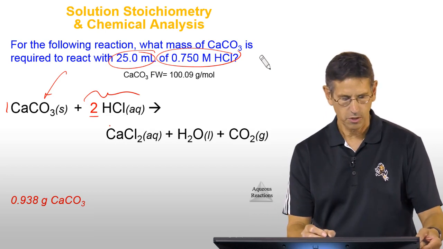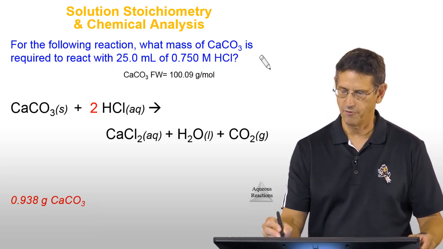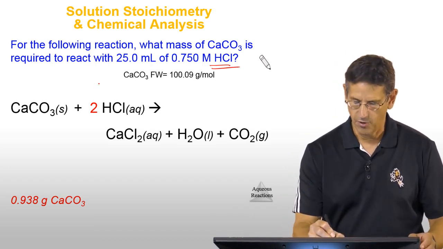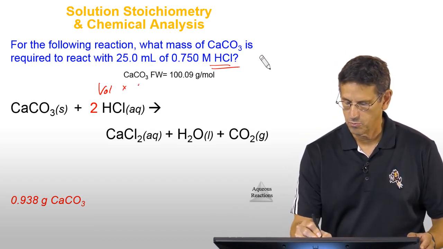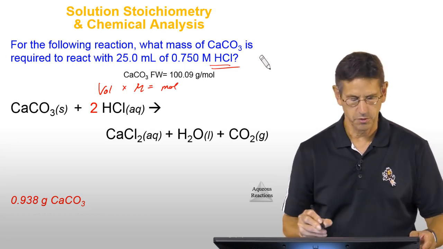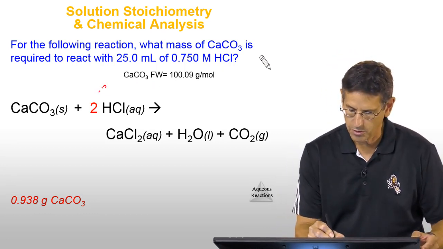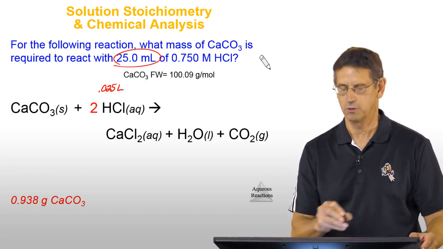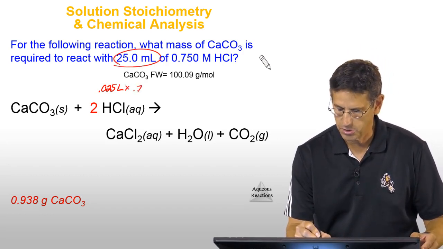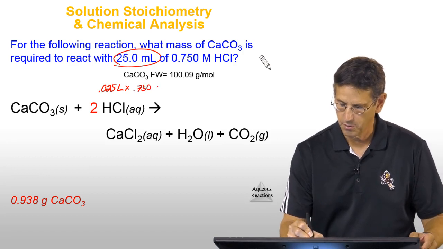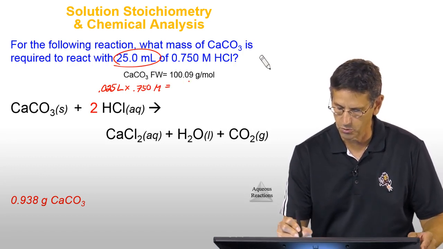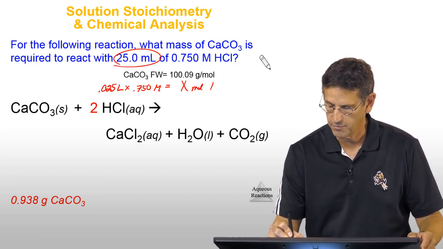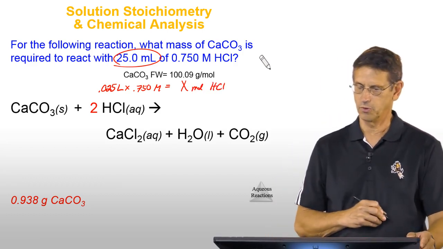So let's calculate how many moles of HCl we have in that 25 mL. Remember, volume times molarity equals moles. So here we go. 0.025 liters, that's the 25 mL, times 0.750 molar equals, I'll just write down X moles of HCl.